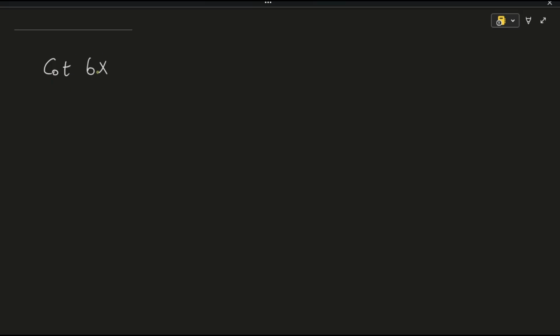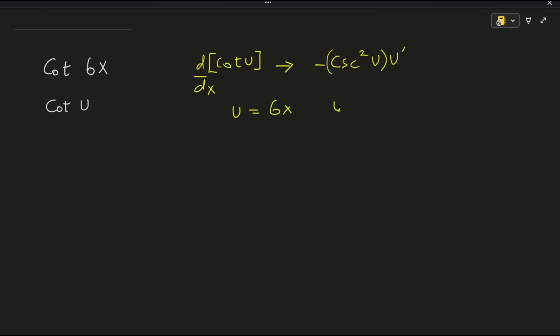Now for cotangent, let's recall the formula for its derivative. Where u is a function of x is given as, where u prime is the derivative of the function u. So with this question, we can rewrite it as cot u, where u is given as 6x and u prime is given as 6.